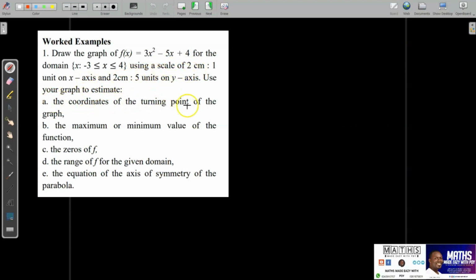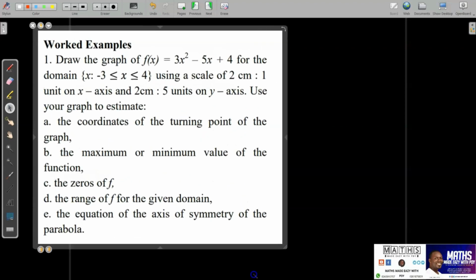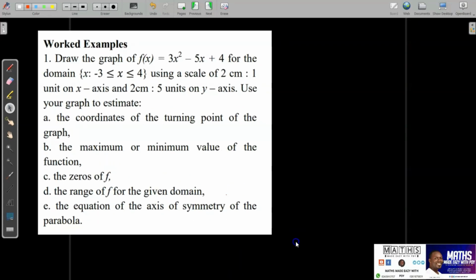Then you answer some questions on it. But we are not going to answer the questions today. That is going to be another time. There are a lot of questions that they can ask you when it comes to the graph of functions. So what I'm going to ask you to do is to program and give me the table of values, and then we'll use the table of values to plot the graph based on the interval given to us.